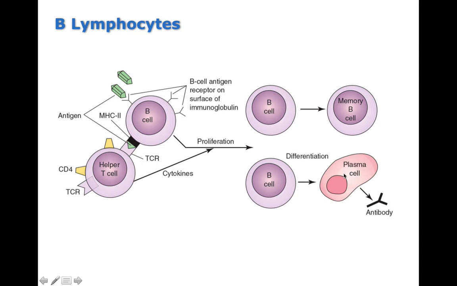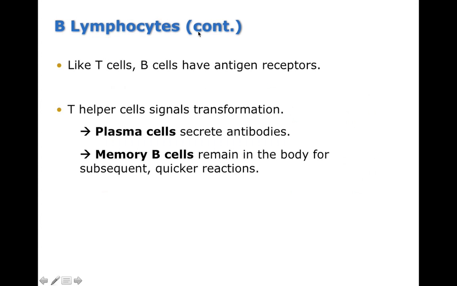Whereas the plasma cells are the ones that are active, and these are the antibody factories that pump out antibodies against that foreign antigen. So the B lymphocytes have antigen receptors, and once they can present that antigen to a T helper cell, the T helper cells can help signal transformation of that B cell into either plasma cells or memory B cells.